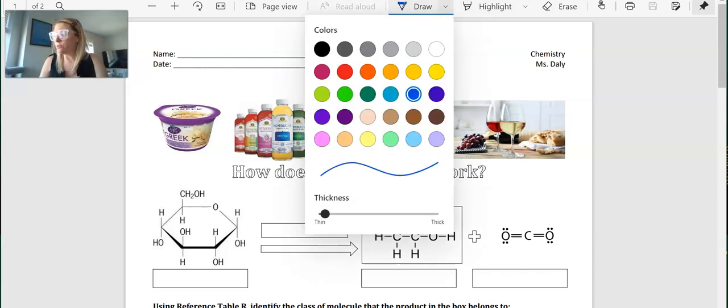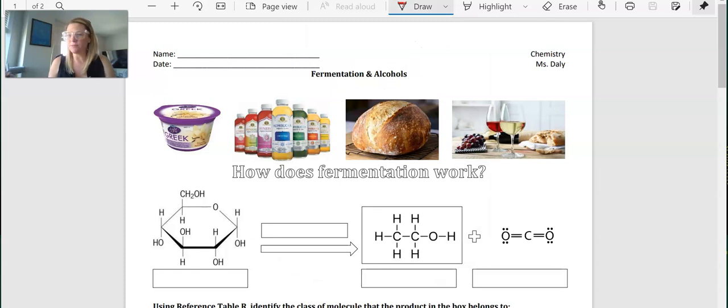So glucose, an example of a sugar, because fermentation is going to require sugar, is going to react in the presence of yeast. Yeast is not necessarily a reactant, but yeast does need to be present in order for fermentation to occur.